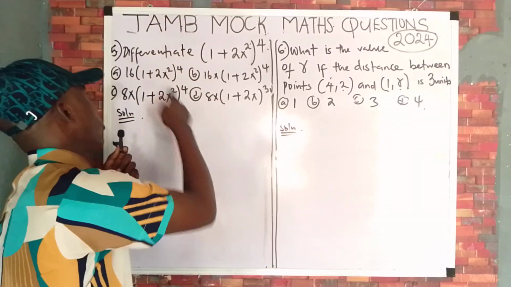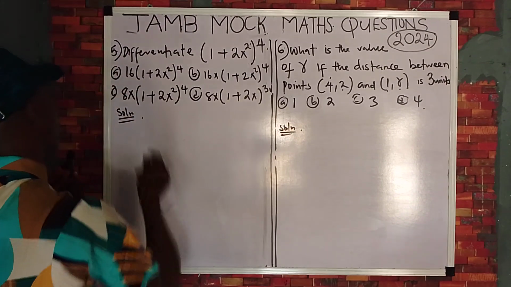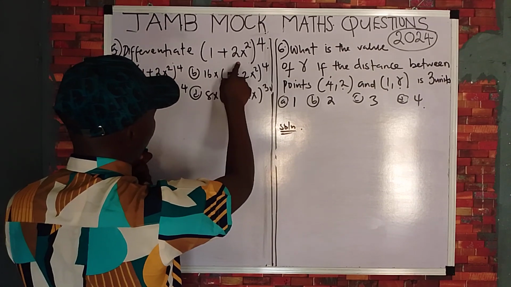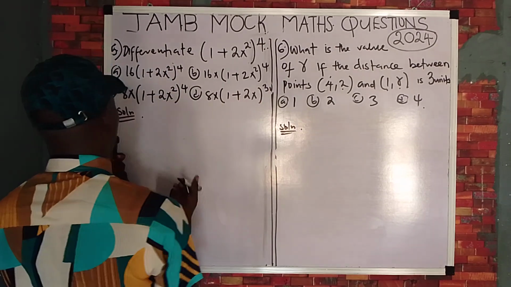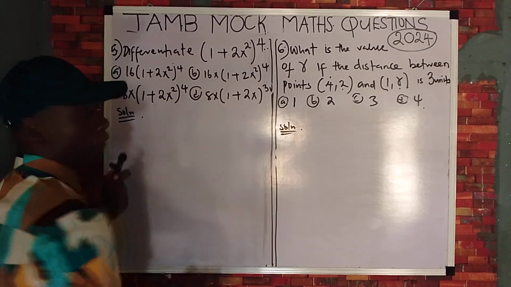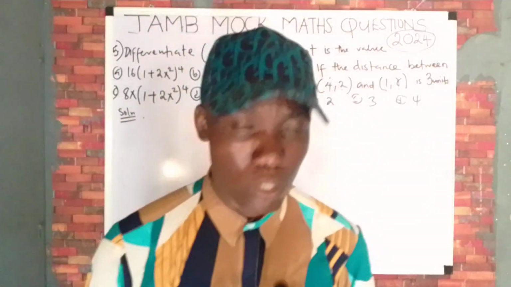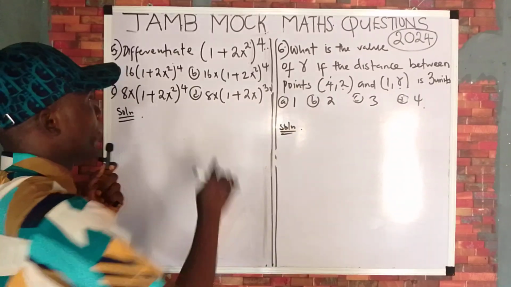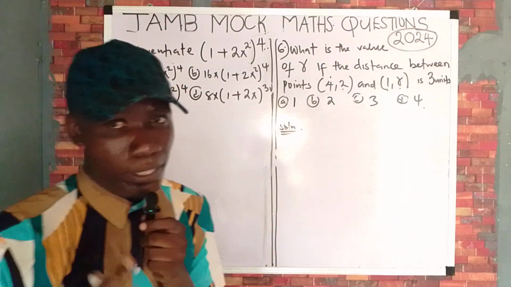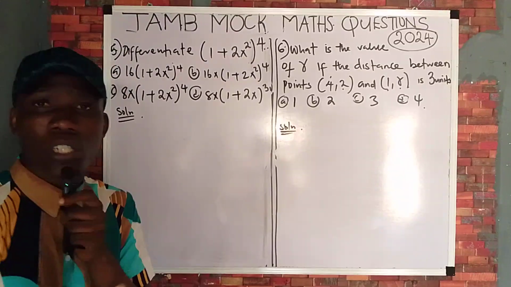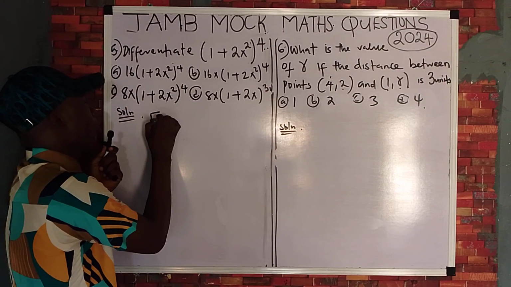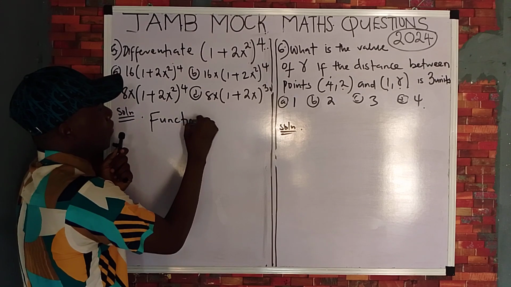This is question number 5. As you can see, differentiate (1 plus 2x squared) raised to the power of 4. They gave us our various options. Very easy. Which principle are we going to use to differentiate this? Listen, please. The principle that is used in differentiating this problem is called the function of a function rule.